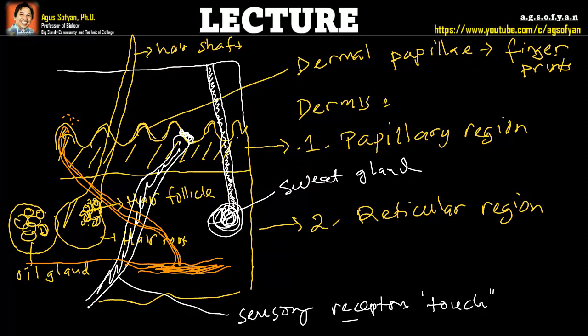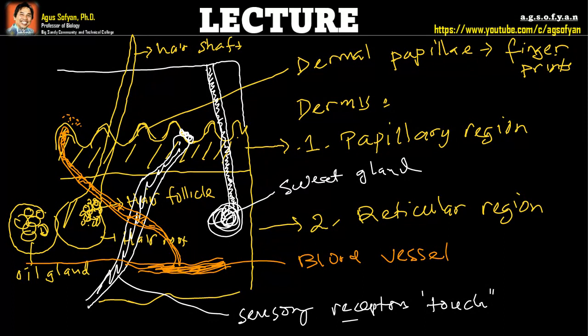Therefore, if you cut your epidermis, for example, there will be no blood because there is no blood vessel in the epidermis. So this epidermis will receive the blood or nutrients from the dermis area. Okay, so these are the structures of the epidermis and dermis.